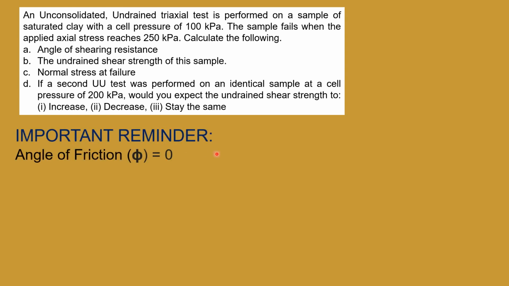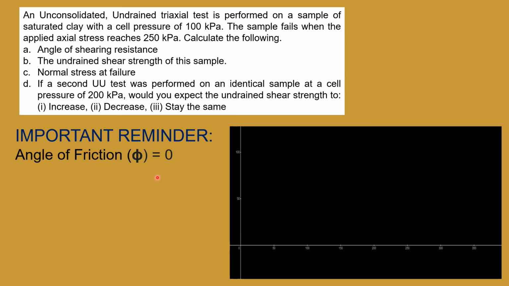An important reminder again: in an unconsolidated undrained triaxial test, the angle of friction is always equivalent to 0. So, here we have a first test, and then we create another test, and then another test again.